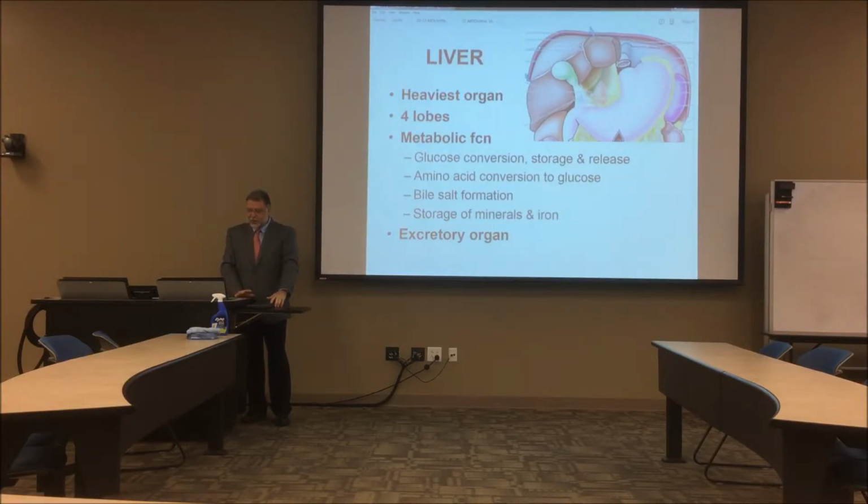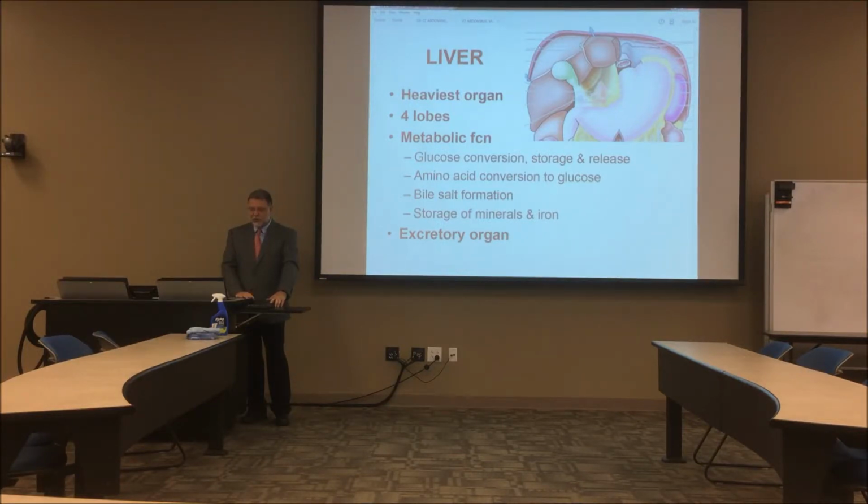The liver has a twofold function to understand. One is as an excretory organ, and the other is the metabolic function, which has to convert glucose, work with amino acids for protein production, bile production or formation, and some storage of minerals and iron in particular.